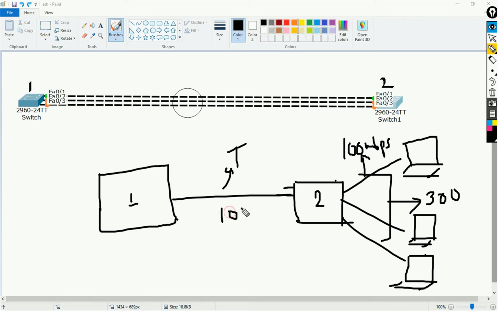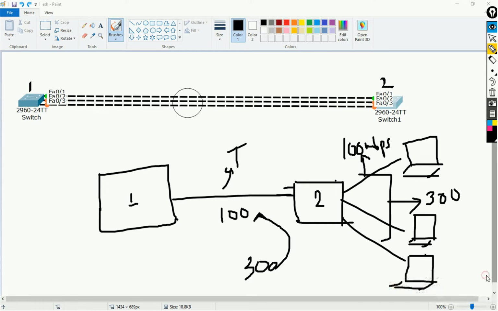This is 100 Mbps. So what happens is, suppose all 3 computers simultaneously send data to this switch, and now this switch is receiving the data at a rate of 300 Mbps, and is sending to this switch at a rate of 100 Mbps. So obviously the rate at which it is receiving is more than the rate at which it is sending. So the data that it is sending is at a slower rate.